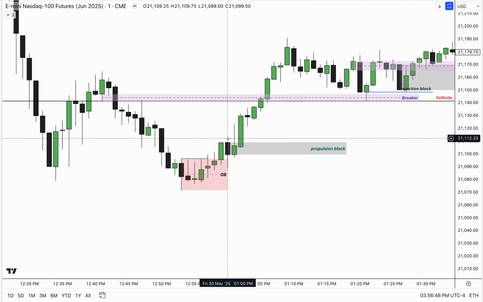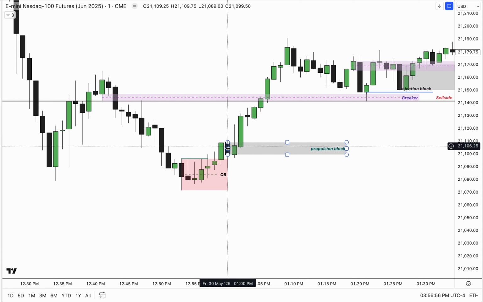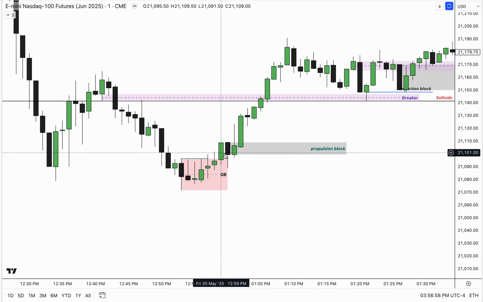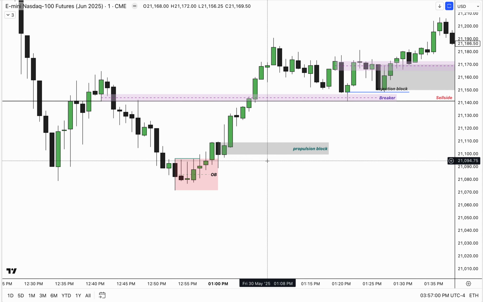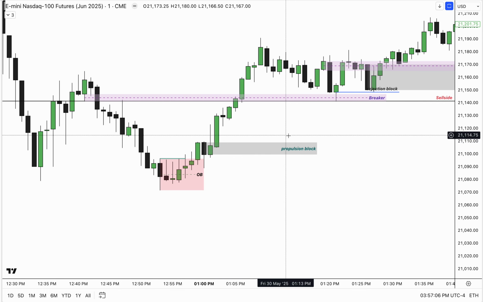And then we have this candle come down into the order block and then hold price. Okay, so we have one order block, basically two order blocks, but this one is a propulsion block. And this is not the greatest example, but it's still a propulsion block. We just didn't come back down to test it.